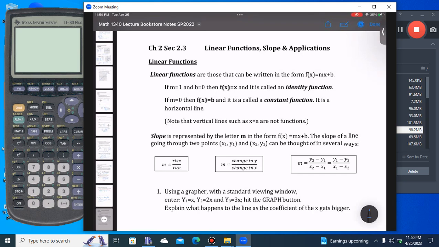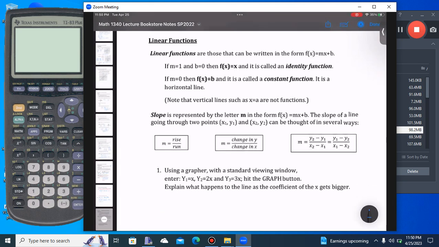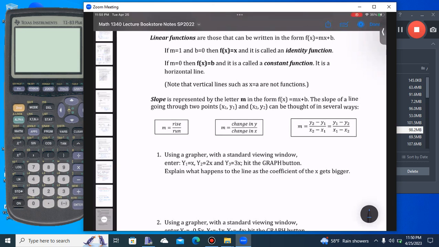So first, with the slope, again, it's m in our mx plus b. To find the slope, we can look at it in several ways. We look at how much it's rising over how much of a run.